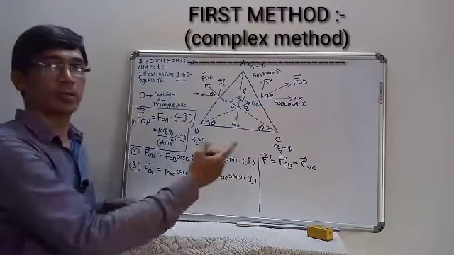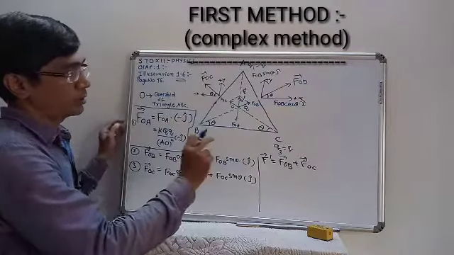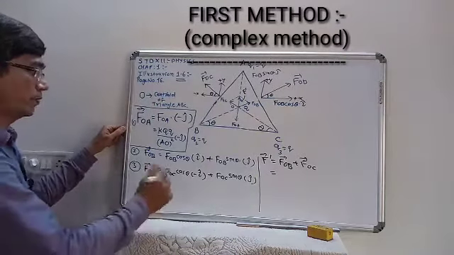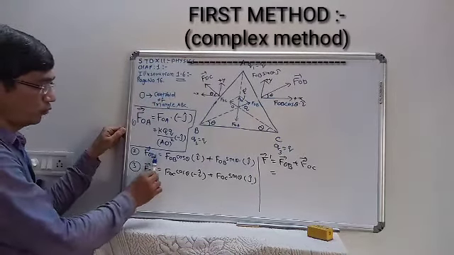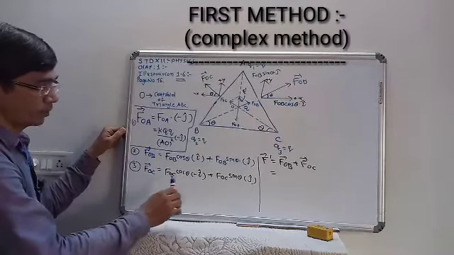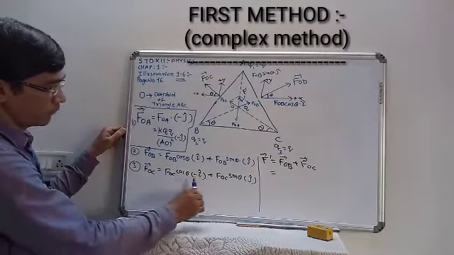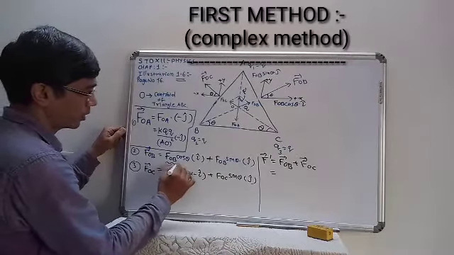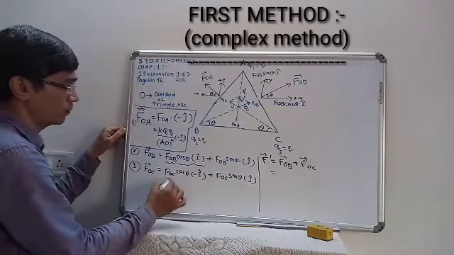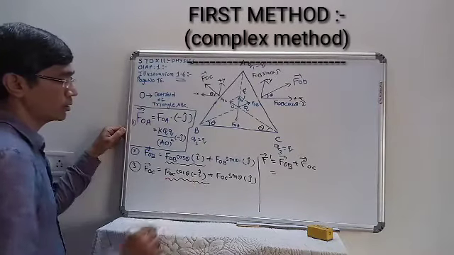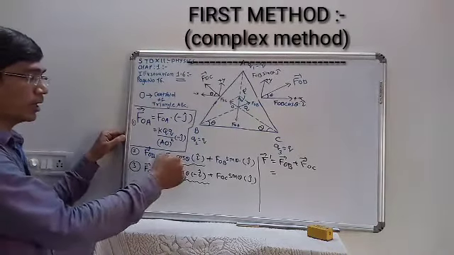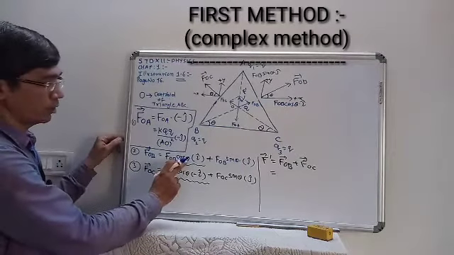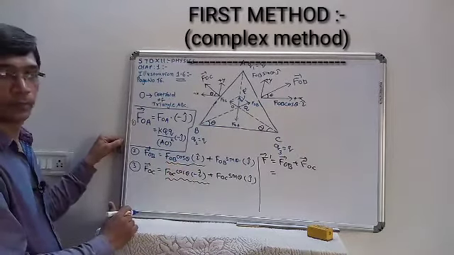You can see here the answer in vector form. Now we are adding these two vectors, FOB plus FOC. In this, FOB cos theta into unit vector i and FOC cos theta into minus unit vector i have the same value and cancel each other's effect, because one is positive and the other is negative.